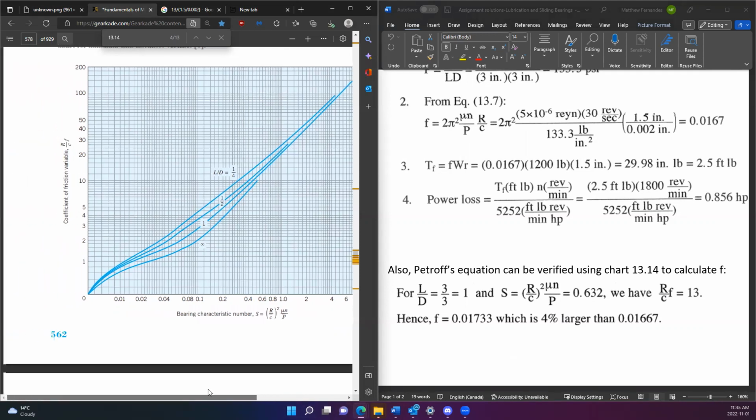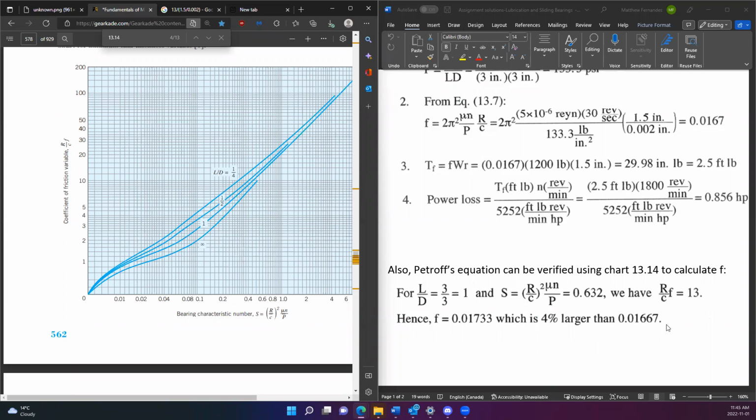So how do we solve now for f? We make this equation R divided by C times f equals 13. We have R, we have C, and we don't have f, we're solving for f. So this would be 1.5, this would be 0.02, and we set that equal to 13.